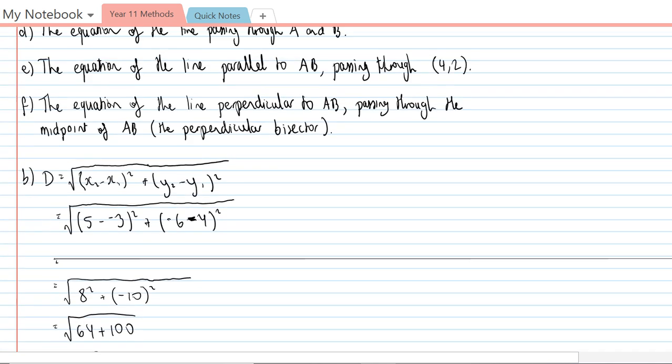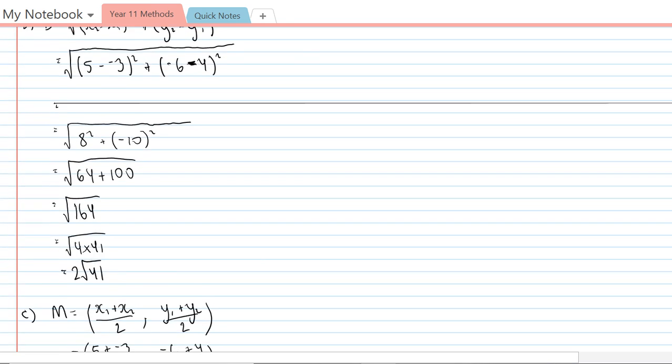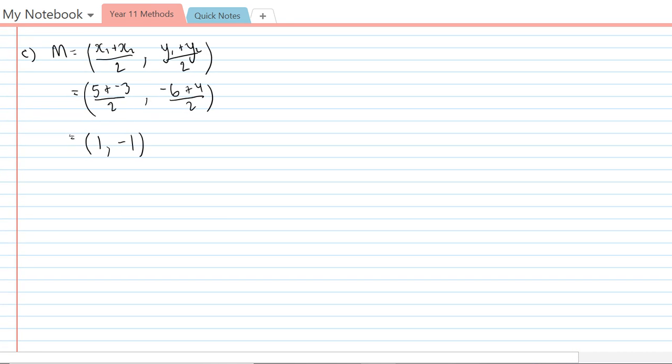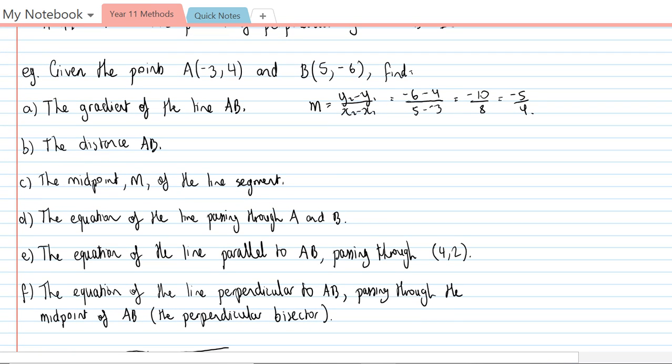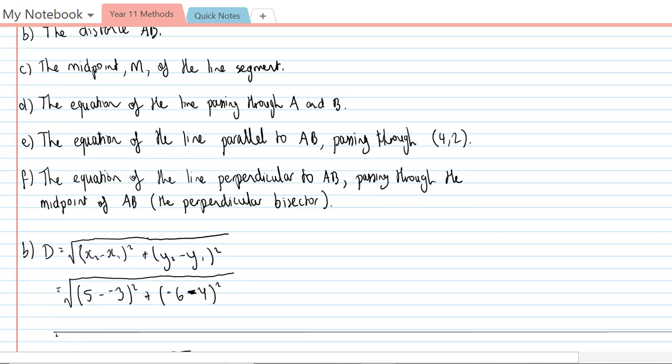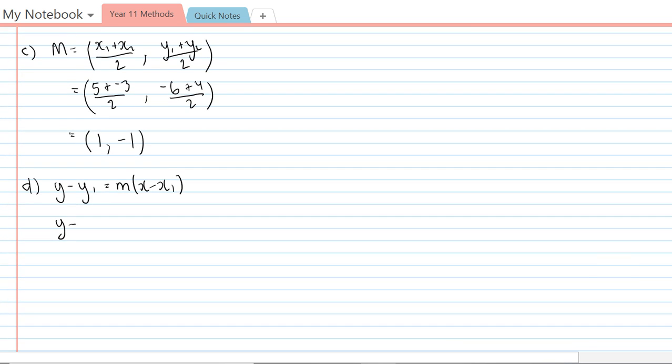Alright, part D, find the equation of the line. So y take y1 equals m times x take x1. Now y1 in this case was 4 and x1 was -3. It's right there.